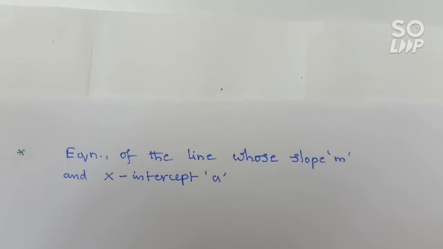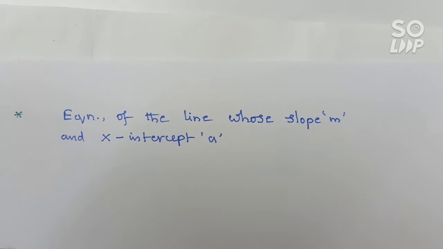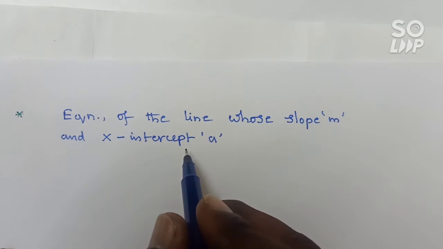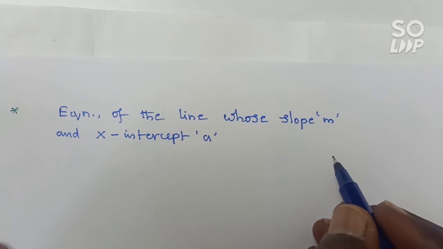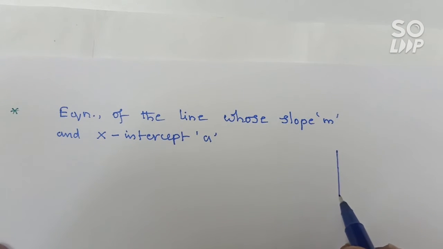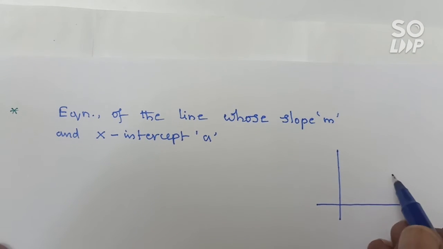X-intercept a means, now draw the figure corresponding to this statement. So what is the figure corresponding to this one? See, look at this. Here this is the y-axis and this is the x-axis.